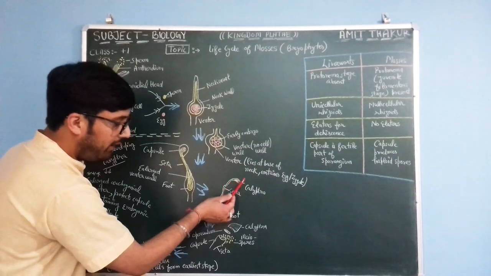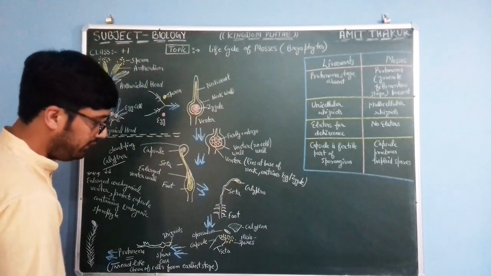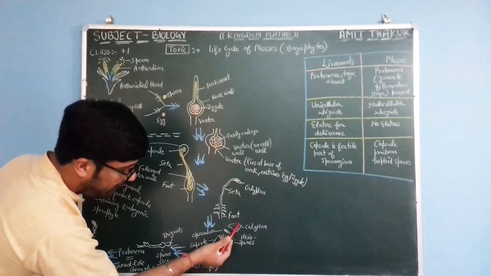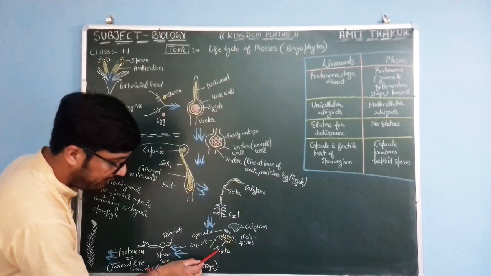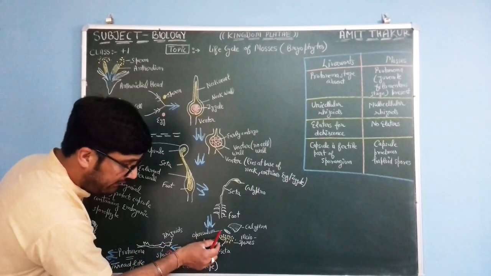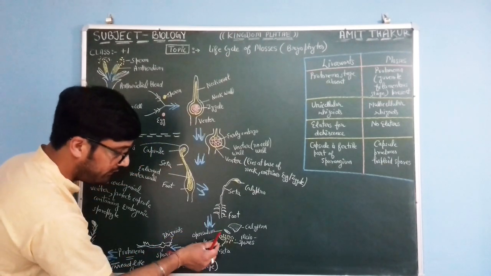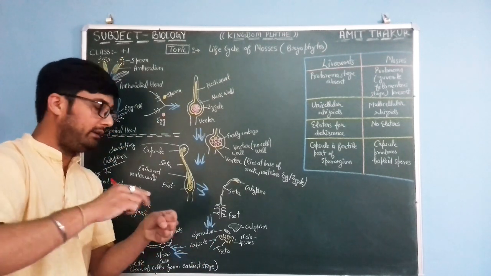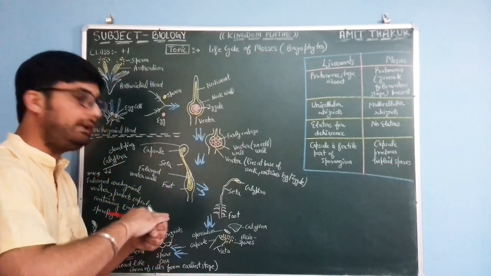Now when this part gets matured, you can see over here this whole part. This is the seta part, this is the capsule part, and when spores get released from this capsule, this is operculum. It's like a flip or a cover over the capsule.